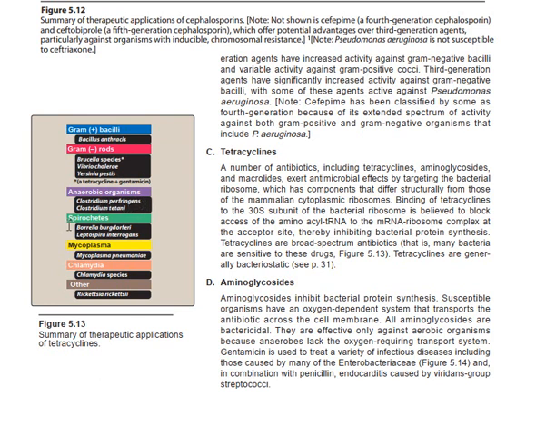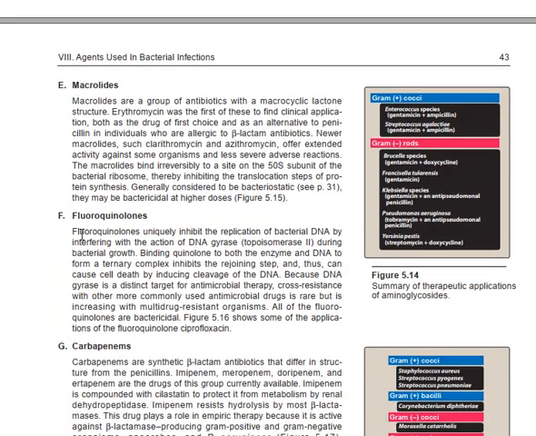Among spirochetes, Borrelia burgdorferi and Leptospira interrogans. Also Mycoplasma pneumoniae, Chlamydia, and even Rickettsia.